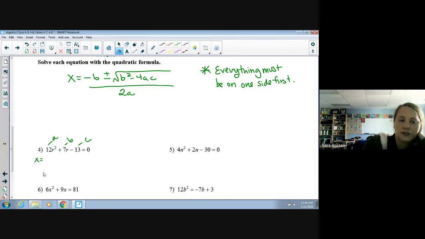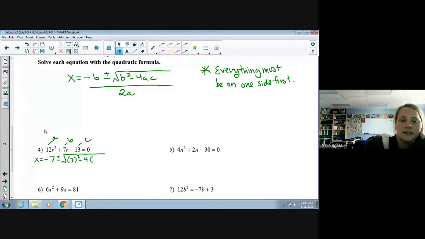So here we go. X equals negative, what was the B? 7 plus or minus the square root of, then we're going to do the B squared minus 4AC. That's what we've been filling out before. 7 squared minus 4.